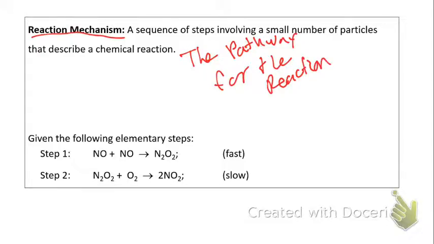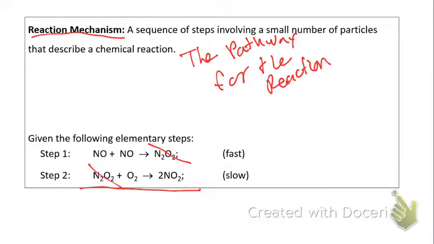For instance, down below we have a reaction mechanism that includes two steps. Now, each of these steps, if we look at them closely, we can add them up and we can get the overall chemical reaction. So let's do that. Let's add up these two steps. Some of the materials that are in the steps will be eliminated from the overall reaction. If you look closely at N2O2, you'll see it's both a product and a reactant, and therefore we can get rid of them.